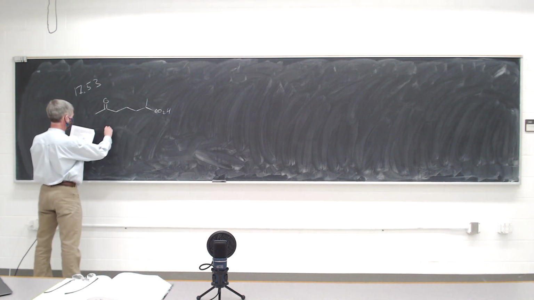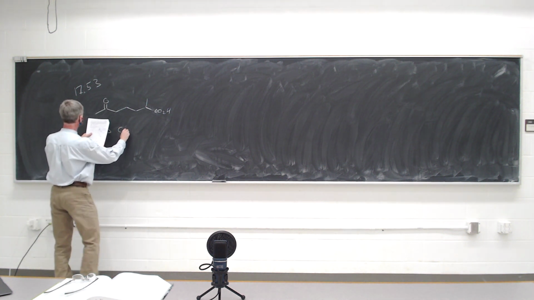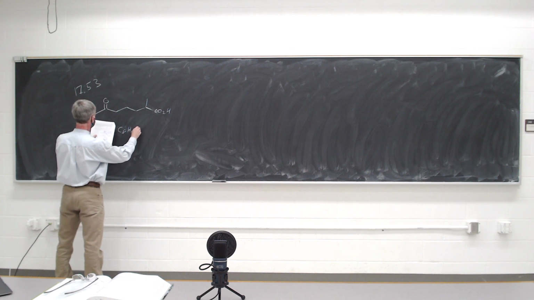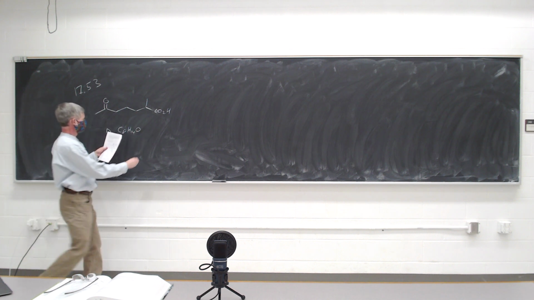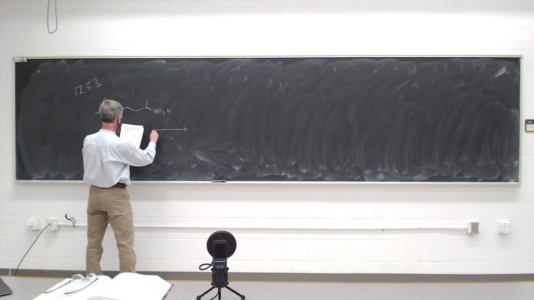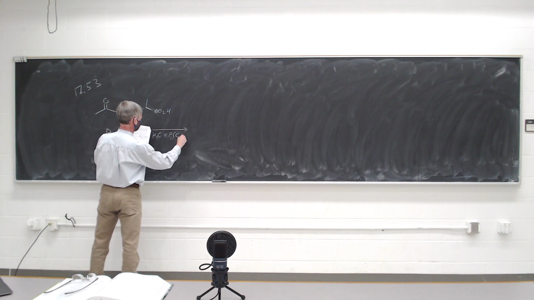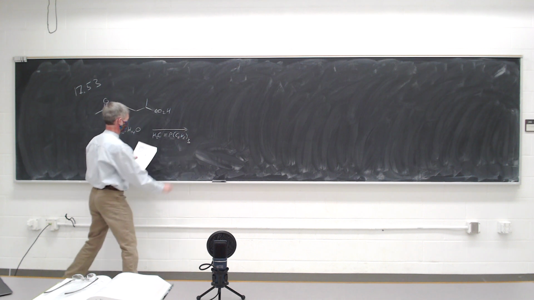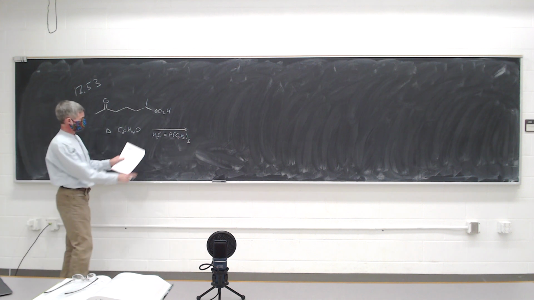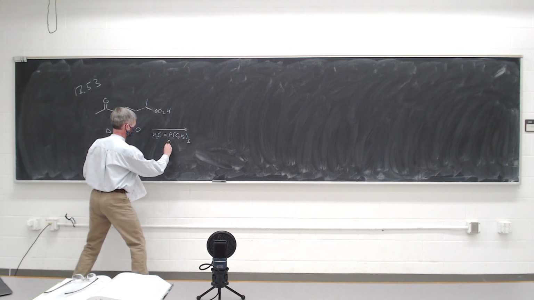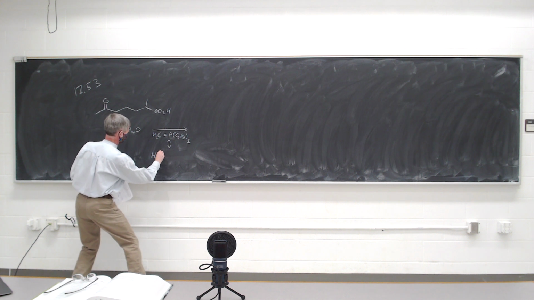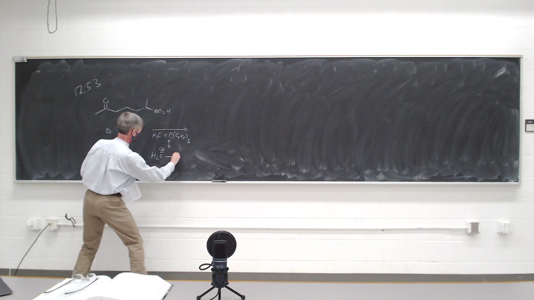So compound D, C8H14O, reacts with a phosphorus. This is the phosphorane. You can also write that in ylide form.